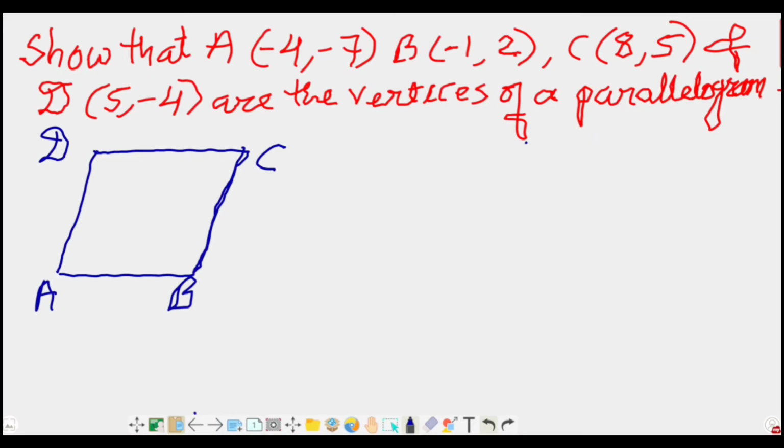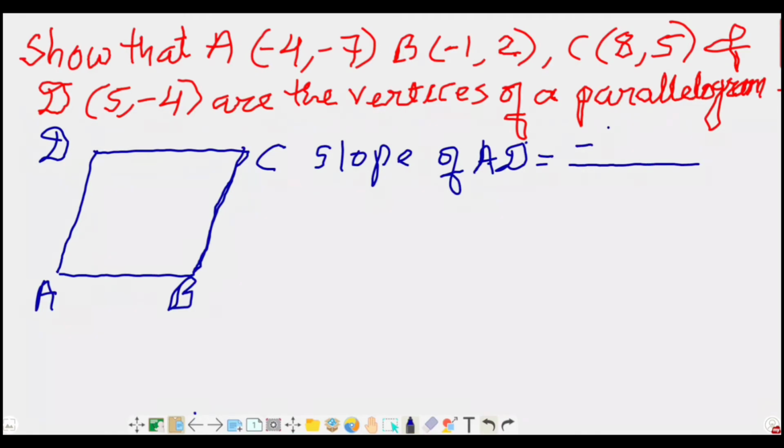Same way, now we will find out the slope of AD. So for the slope of AD, you have to consider the points A and D. So it will be minus 4 minus 7 upon 5 minus 4. So this will give you 3 upon 9.